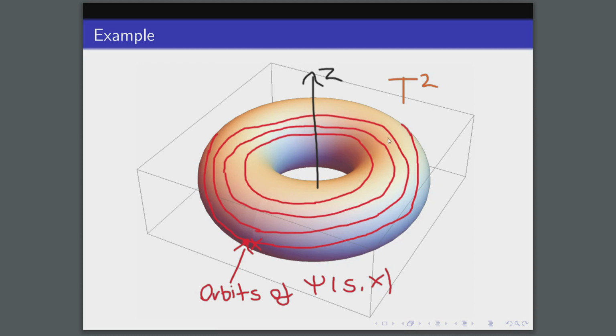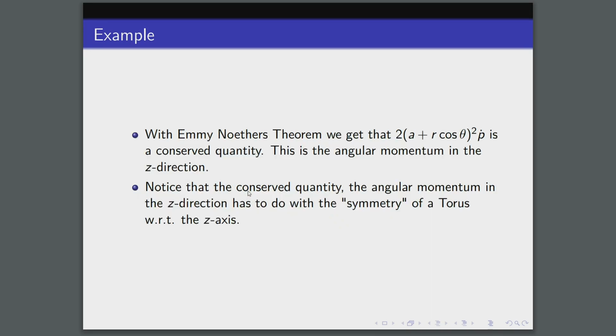These are the orbits. We're shifting in the rho parameter, so we're just going around the torus in these orbits. What Noether's theorem is then telling us is that the following quantity is preserved. And if we change this to cylindrical coordinates, this is just the angular momentum in the z direction.